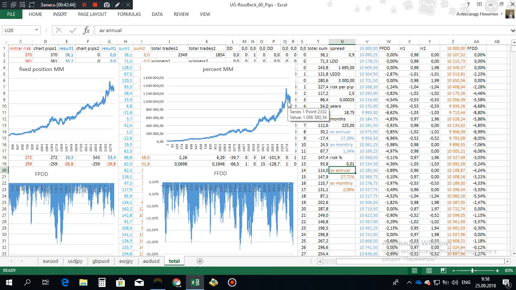To multiply a count 100 times, you simply need to generate 27% annual. Your average annual return should be 27, and your average monthly return should be 2%. That's it. And you will multiply your account 100 times over the period of almost 19 years.